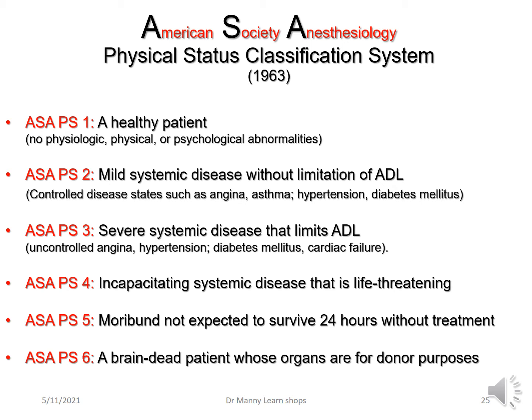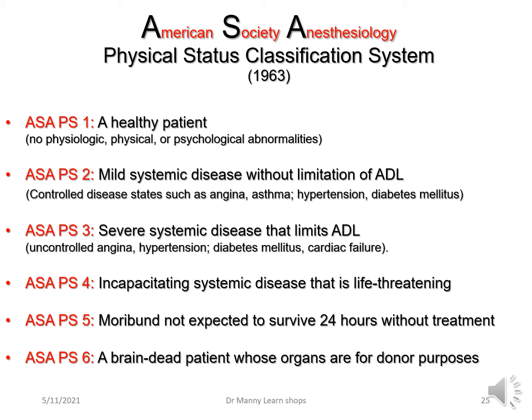This is classed as being an incapacitating systemic disease that's potentially life-threatening. And if the patient now has procedural sedation, then it could put them at risk, code blue, etc. ASA Physical Status 5, the patient is moribund and not expected to survive for the next 24 hours unless they get treatment. And ASA PS 6 is a brain dead patient whose organs are for donor purposes.